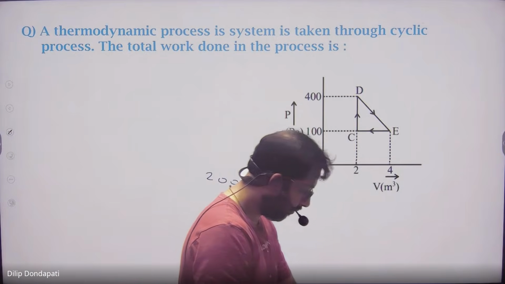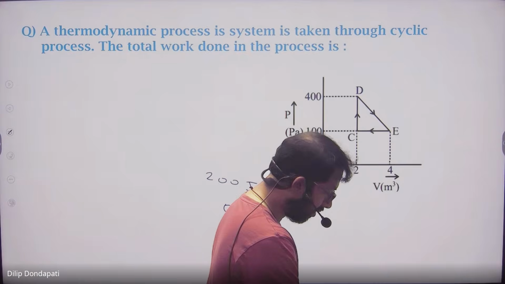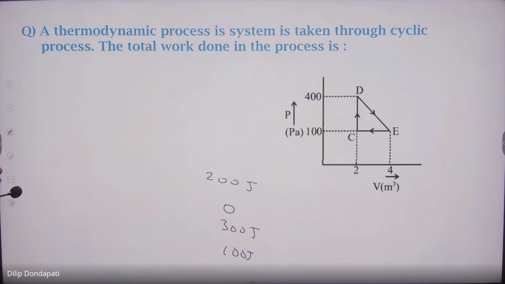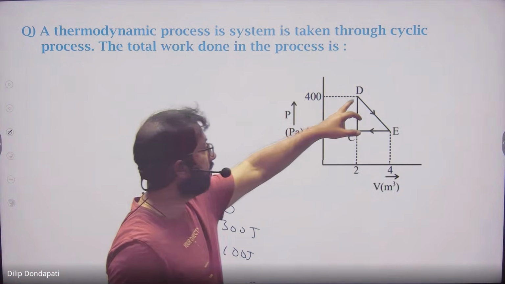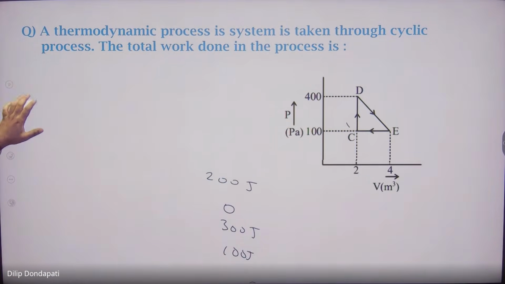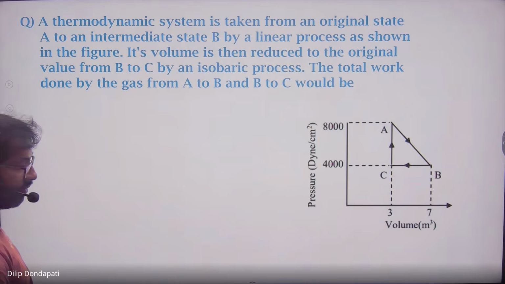So 300. Don't learn by heart. Yes, half, and area of triangle. The total work done by this process is nothing but the area under the complete cycle. That means the formula was half into base. Did you get the question?